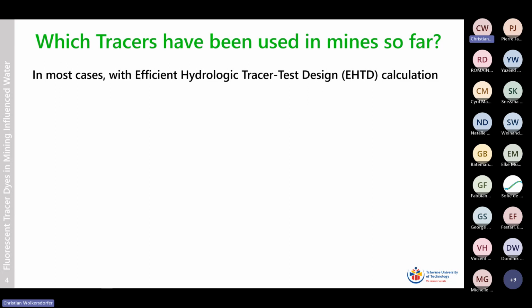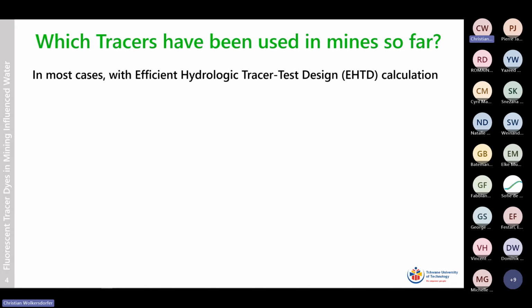So we talked about which traces can be used, but we need to discuss which traces have been used in mines so far. To say before, it is very important before you conduct a tracer test, especially a tracer test in flooded underground mines, that the amount of tracer that will be added should be calculated. We usually use the software Efficient Hydrologic Tracer Test Design, EHDT, to calculate the amount of tracer to be added.